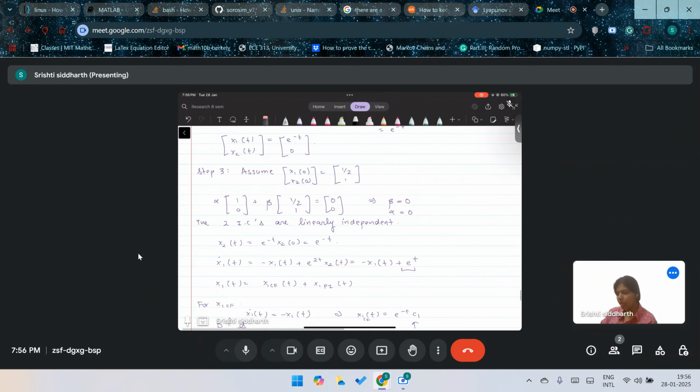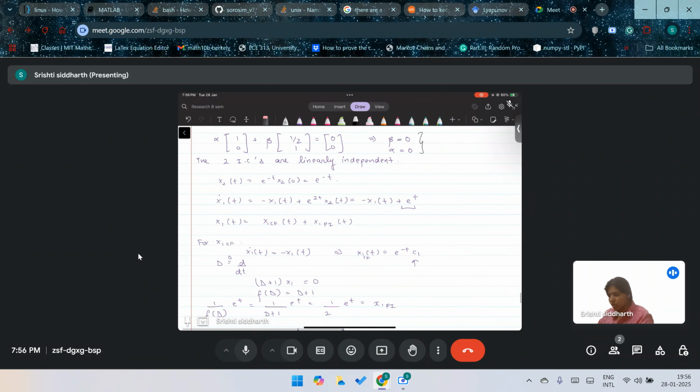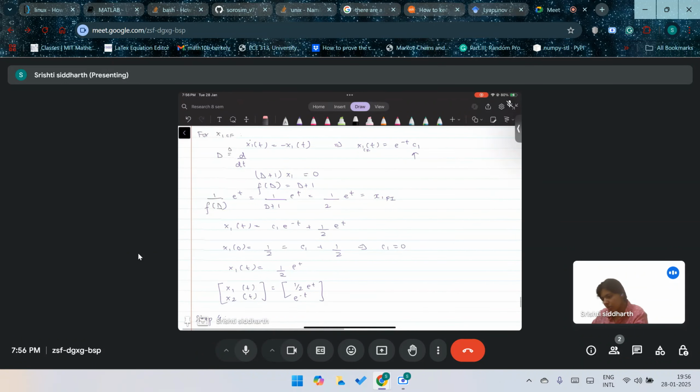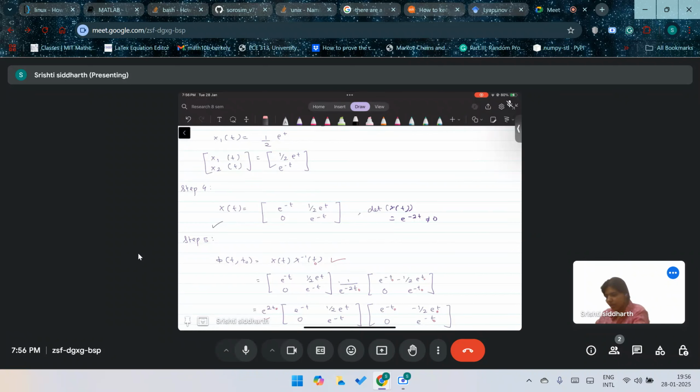And in step 3, we assumed a linearly independent initial condition. So you can see that these are linearly independent. And then we found x1 and x2 due to this new set of initial conditions. So after this, we found out the fundamental matrix by arranging the solutions column wise.